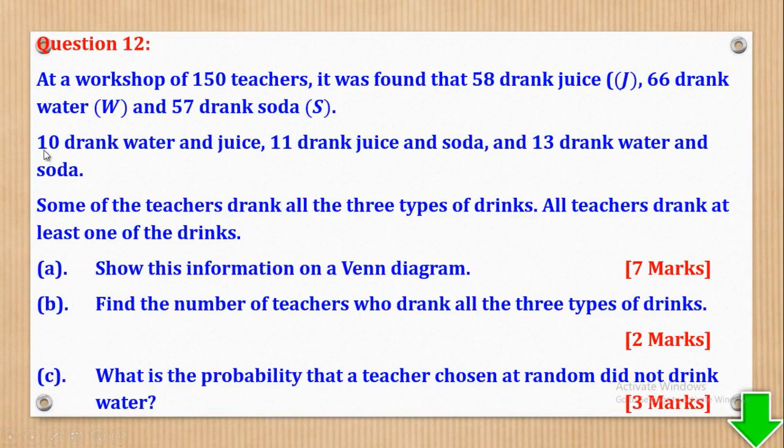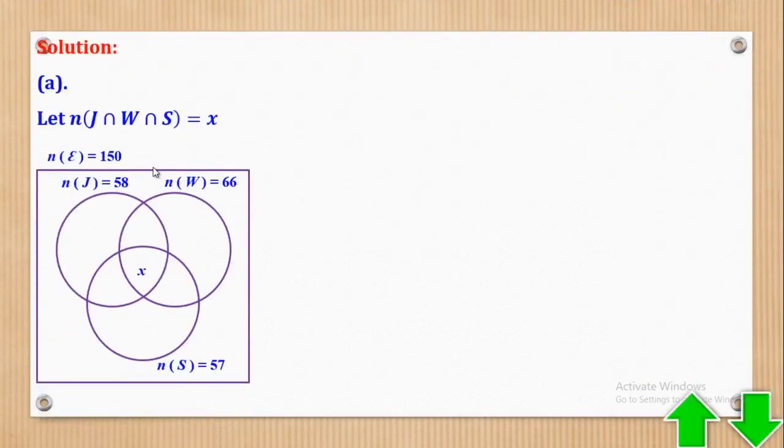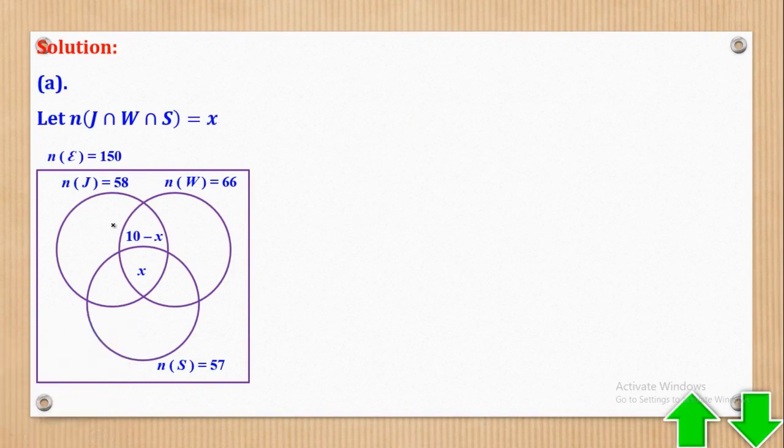They told us that 10 drank water and juice, 11 drank juice and soda, 13 drank water and soda. So we shall feed them in the same order. We shall start with 10. So 10 drank water and juice, but remember already x is here, meaning that this part alone will have 10 minus x.